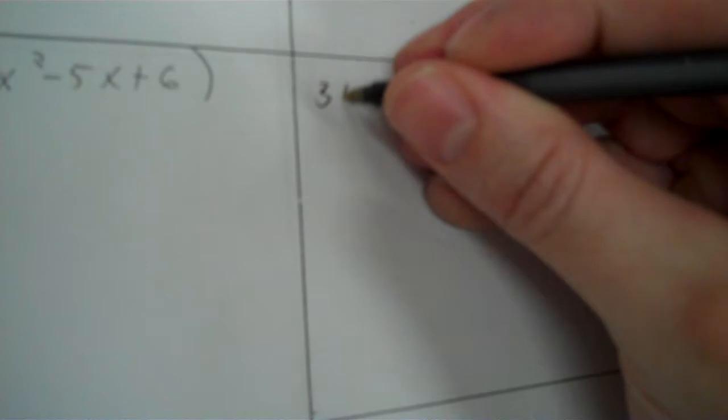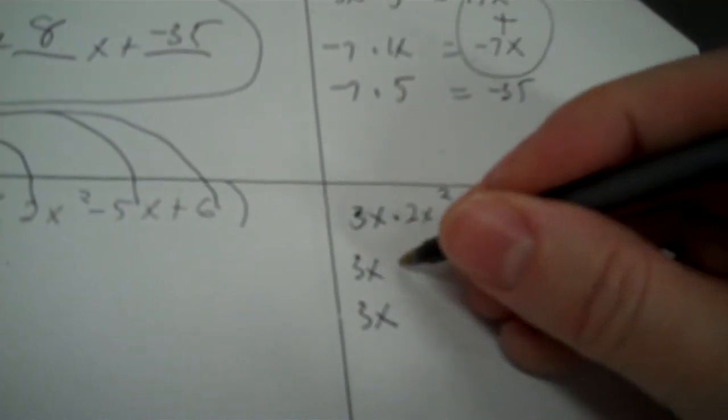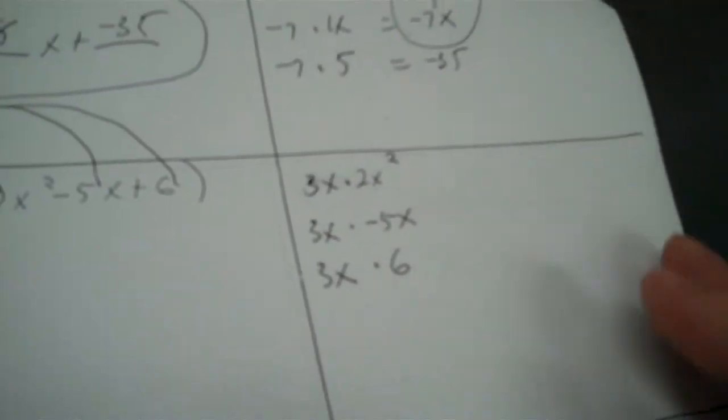Oh, sorry, I'll distribute first so I know how many 3x's I'm distributing. Okay, so 3x, 3x, 3x, times 2x to the second, times -5x, times 6. That's done. Now repeat your procedure with your -2.